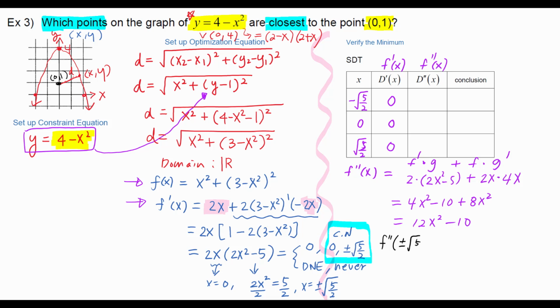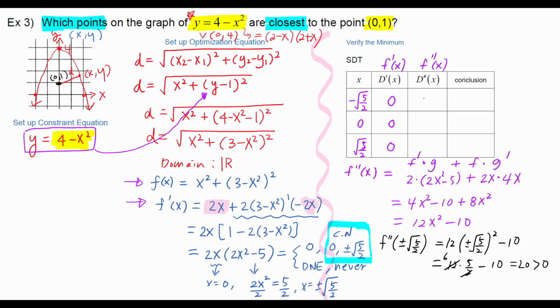You can only do that if it's going to give you the same result. And that's 12 times plus minus radical 5 over 2 squared minus 10. And that's equal to 12 times 5 over 2 minus 10. And 2 and 12 cancel, and that's a 6. 6 times 5 is 30. 30 minus 10 is 20, which is a positive number.